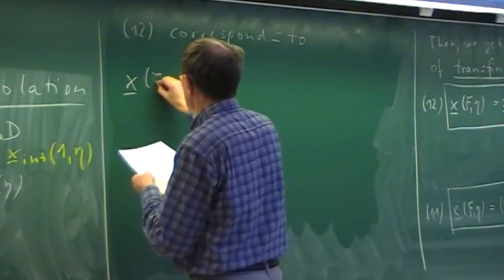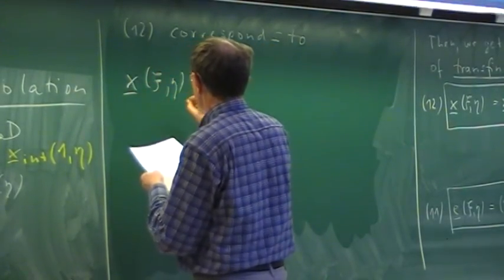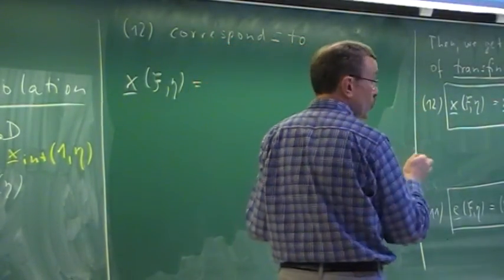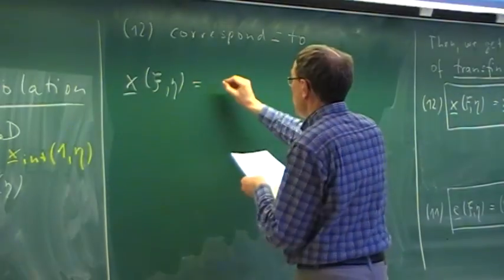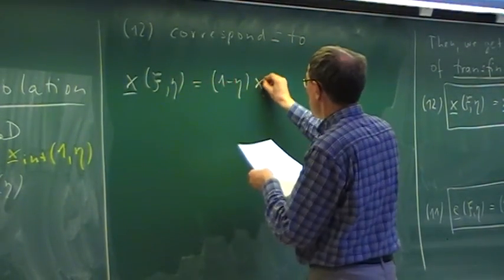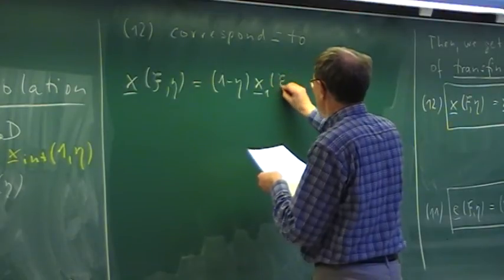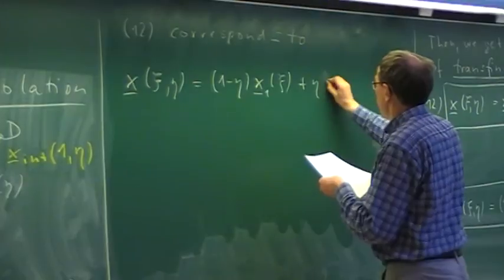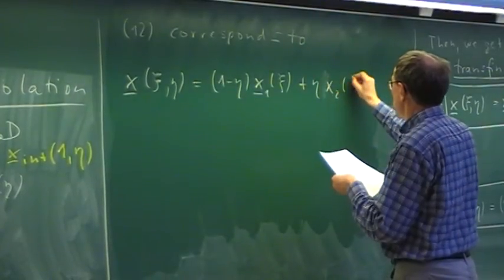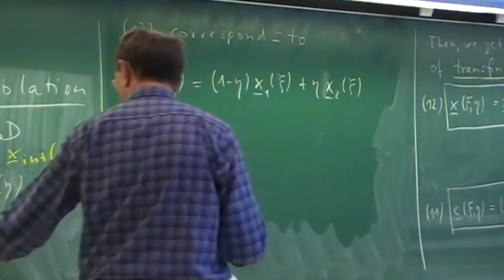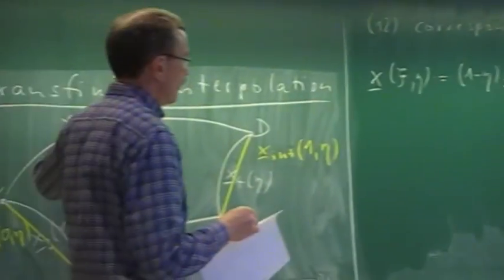The coordinates x as a function of psi and eta: first the interpolated coordinates, they were interpolated between lower and upper. There we used 1 minus eta x1 of psi plus eta x2 of psi. So that was the interpolation between the lower and the upper boundary.